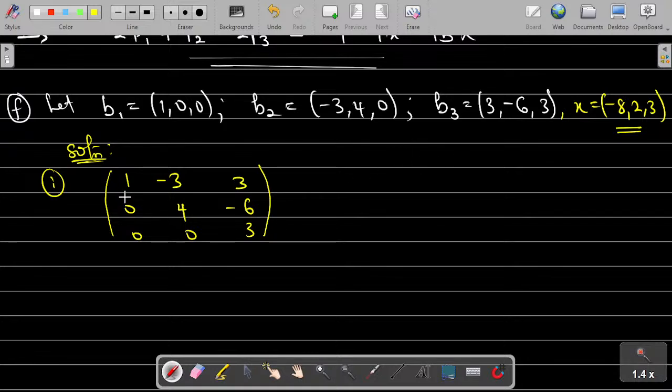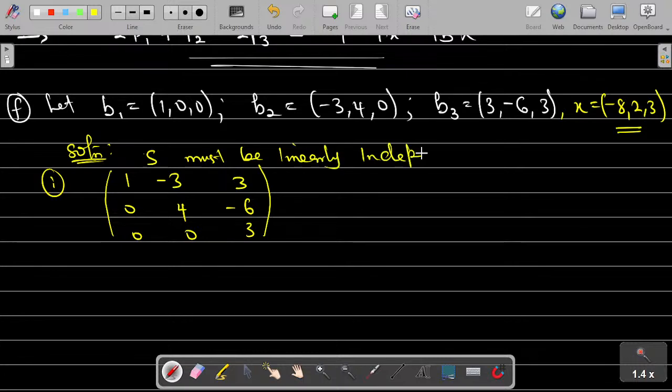So we show that, you can put it here, S must be linearly independent.